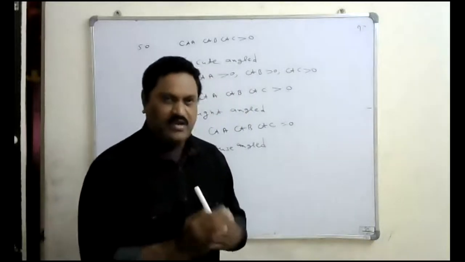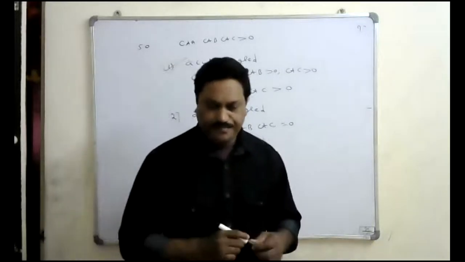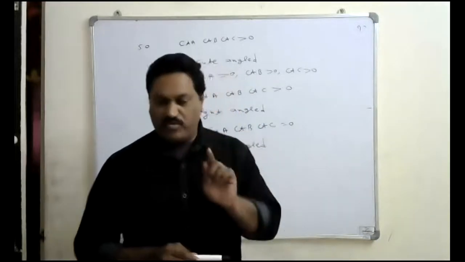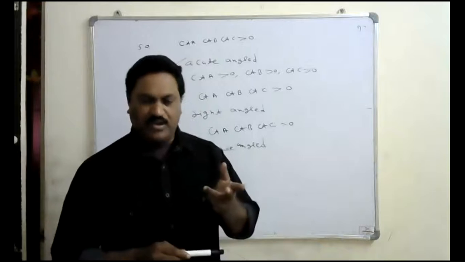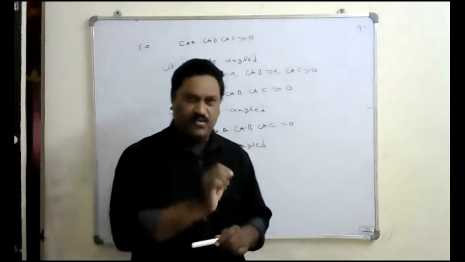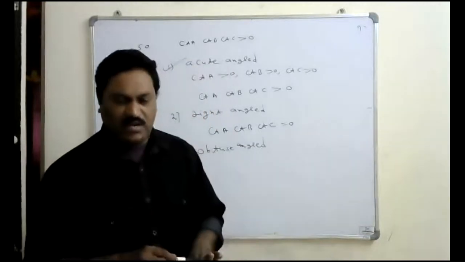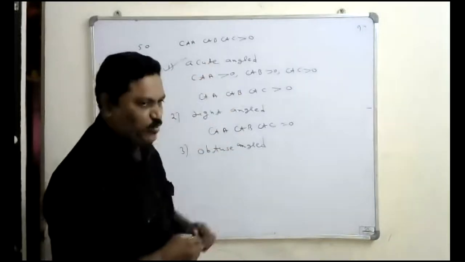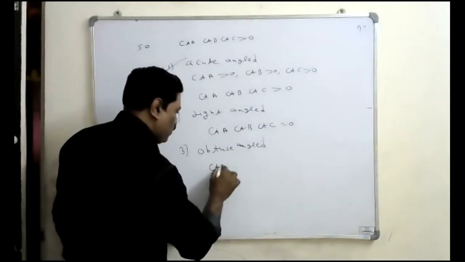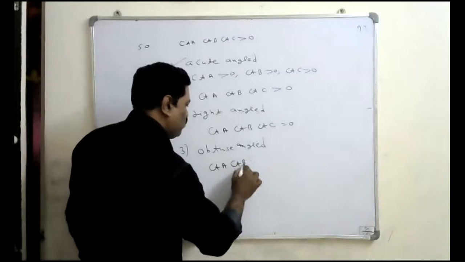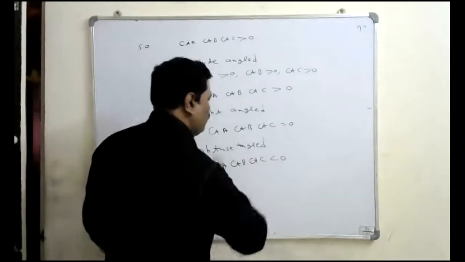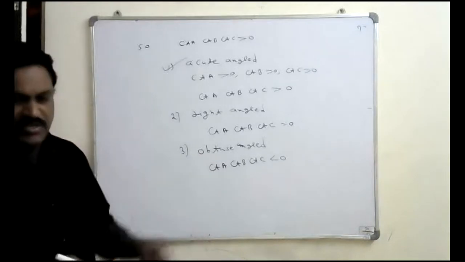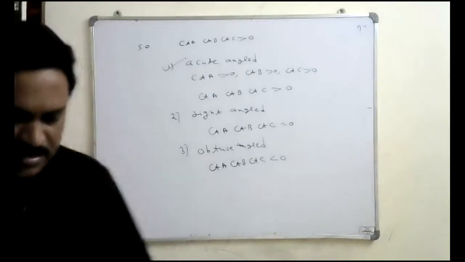In the second quadrant, the value of cot is negative. Any one only, not two, of the cots is negative. The remaining two are positive automatically because they will be acute. So one negative and two positive means the product is negative. So cot A, cot B, cot C is negative. If this product is negative, then it is an obtuse angle triangle. So here the answer is acute angle triangle.